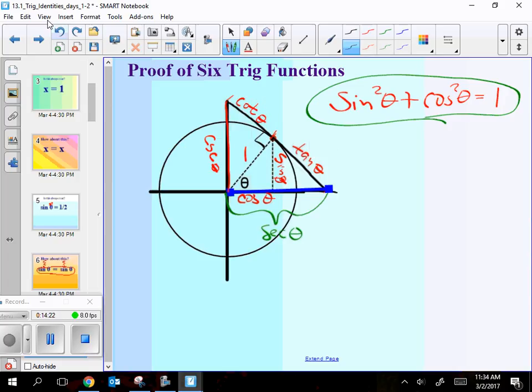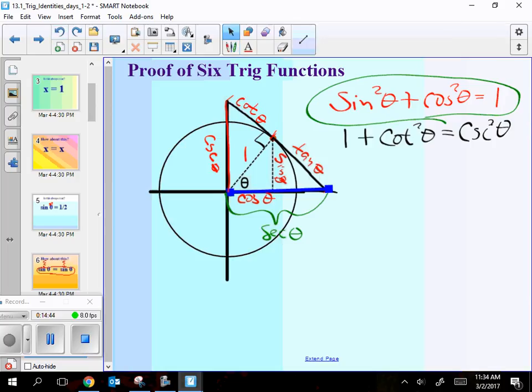Yes, sir? 1 plus, and I'm saying 1 squared is just 1, right? Plus cotangent squared. That's right. If you look at the picture that has this triangle here, I'll try to call it out for you with the screen.